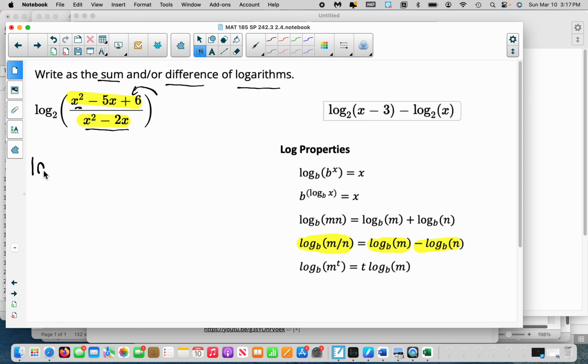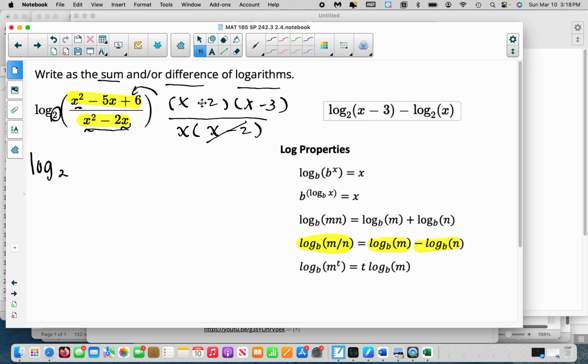So this would be the log base 2, right? This is the base 2, so log base 2. If I factor this numerator, that becomes x minus 3 times x minus 2, and the denominator has a common term of x, so this is x times x minus 2.